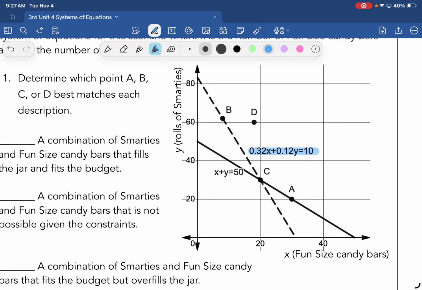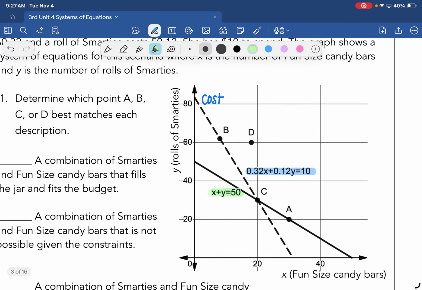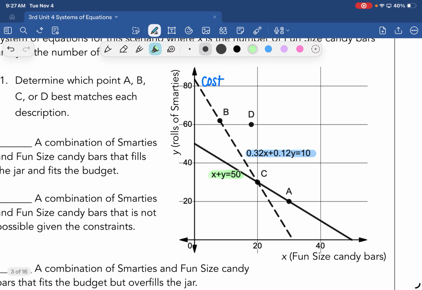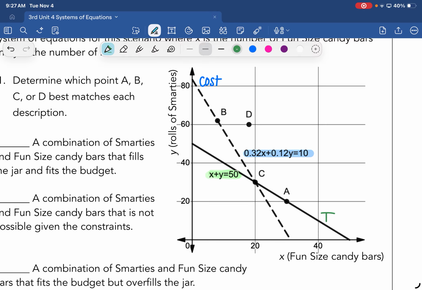Does that represent the total number of candies or the cost of the candy? Cost. That is the cost of the candy, or the price of the candy. Then the solid line is represented by x plus y equals 50. So what does that represent? Yeah, the total number of candy.